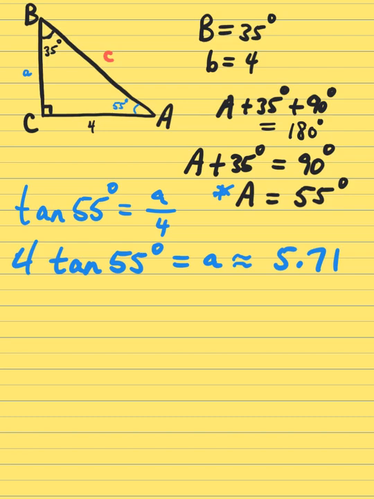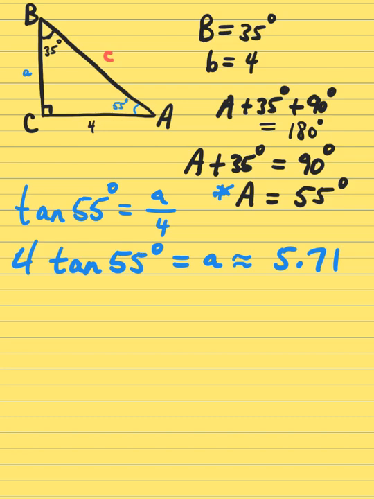if I wanted to do cosine of 55 degrees, I could set that equal to 4 over c, adjacent over hypotenuse. I could just as easily choose the 35 degrees and use sine. Sine of 35 is equal to opposite over hypotenuse, 4 over c, and I think that's the way I'm going to take this one.